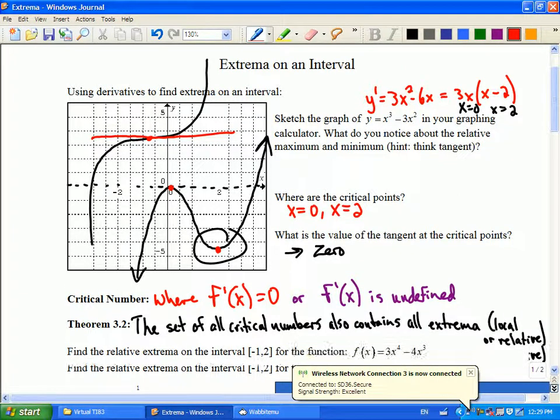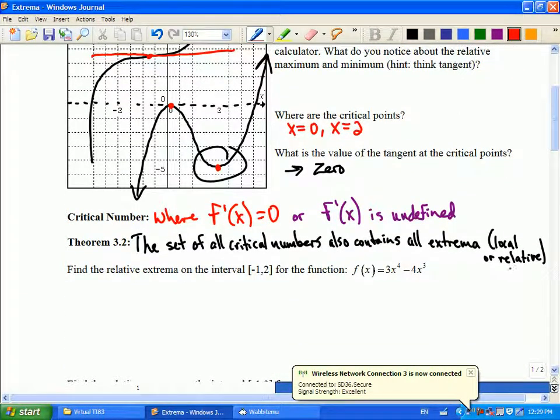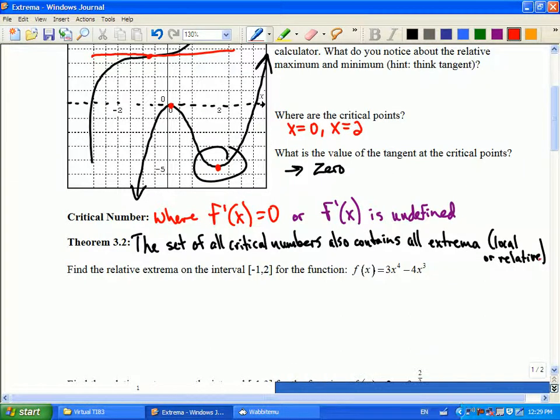Okay. I also use this word here, relative and local. What that means is any relative extrema means that you are a maximum for some part of the graph, or a minimum for some part of the graph. If you look at our first example here, here is a maximum, and we could probably stop. We'd have to chop the graph right there.